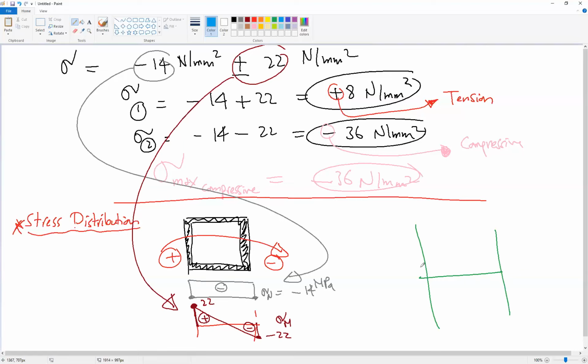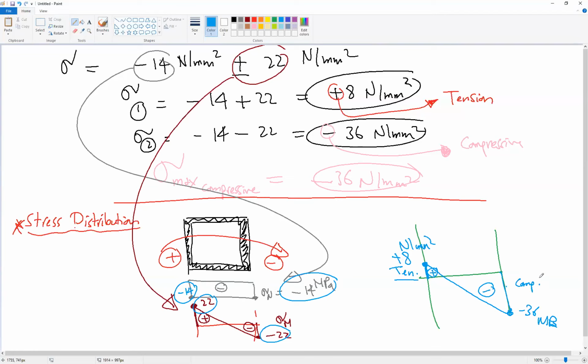In this side, negative 14 plus 22 gives us positive 8 Newton per millimeter square. And on this side we have negative 14, negative 22, so we have negative 36 MPa. And we connect them together with a straight line. So this is negative and this is positive, or tension. This is tension and this is compression.